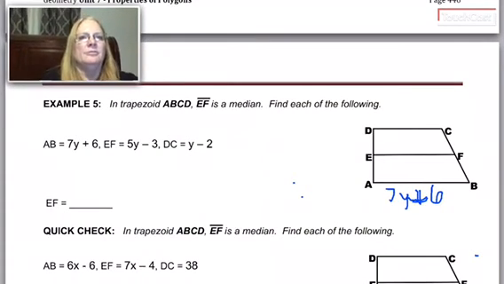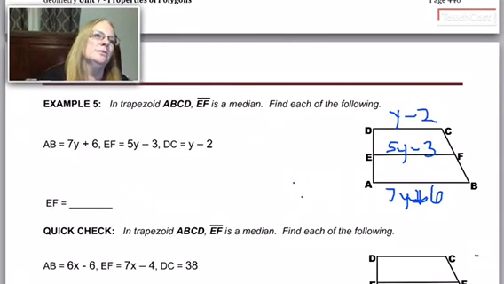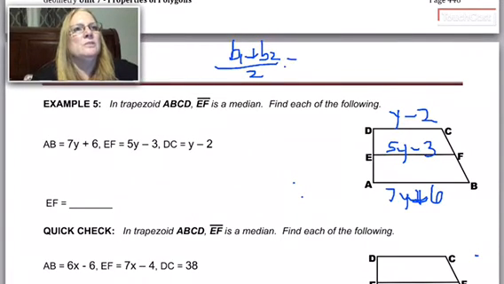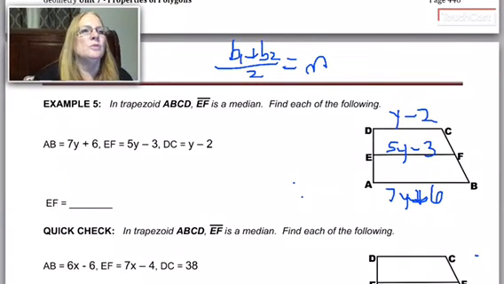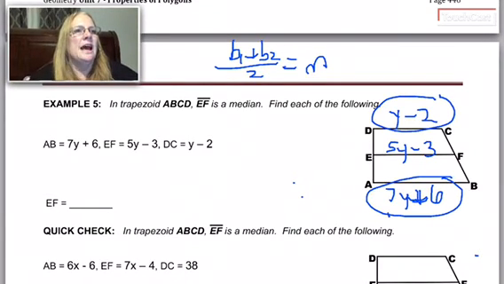And then EF is 5y minus 3. And DC is y minus 2. And the rule says base 1 plus base 2 divided by 2 equals the median. So this one we just have algebra to put into the problem. So here is base 1 and here is base 2. So we're going to add these together.